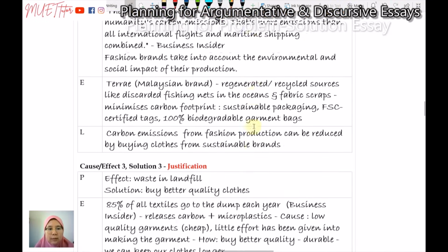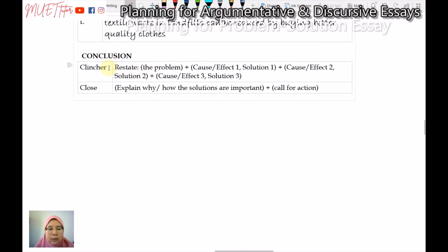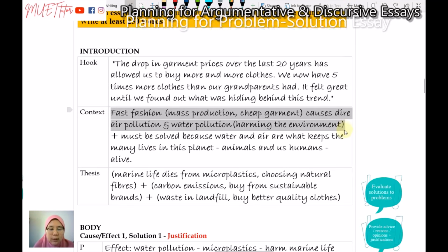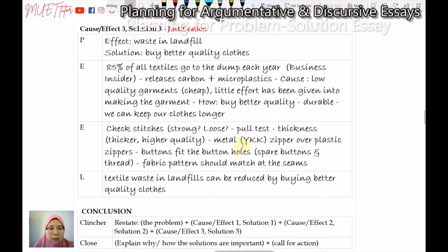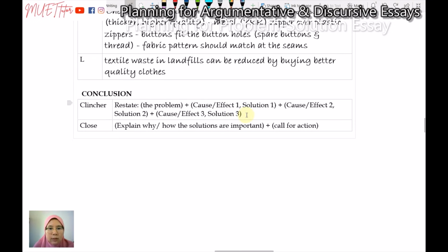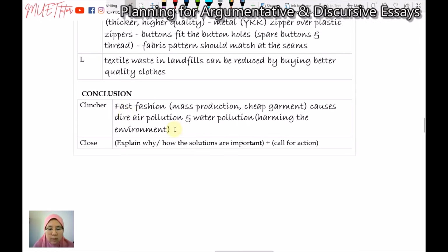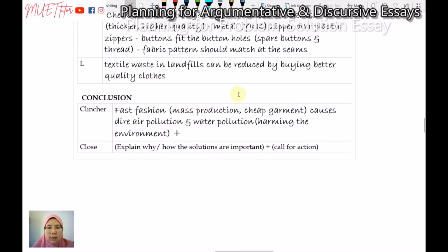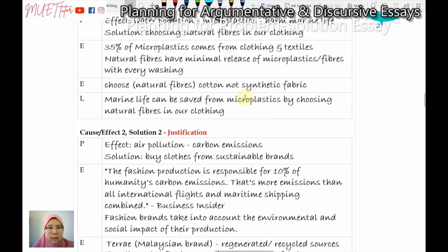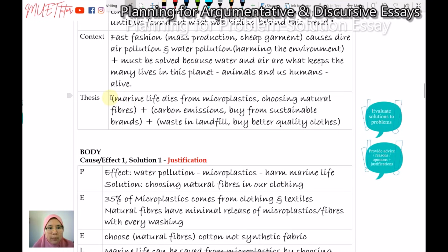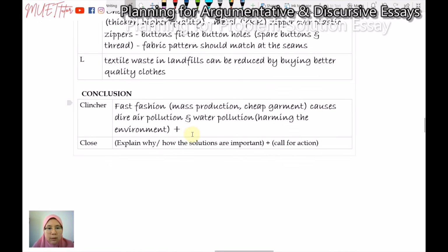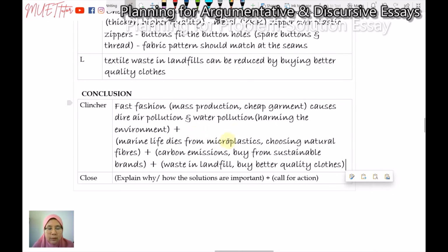For the conclusion, the clincher, we can copy from the context and copy this and put in the clincher class, and then we get the thesis here. Get this one, put it down here, and there we have our clincher.